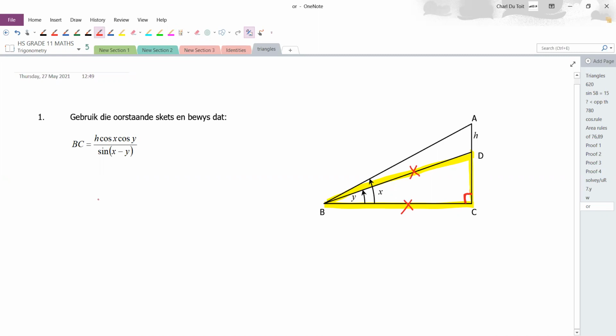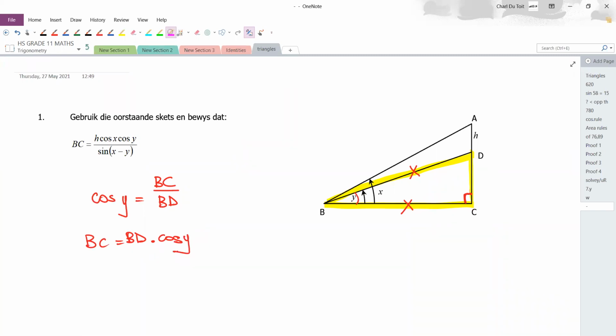So I can start by saying cos y is adjacent over hypotenuse. That's just normal grade 10 trig, because I have a 90-degree angle in there. I can also use the sin rule, but sin of 90 is 1, so it will just cancel. So BC equals BD times cos y.